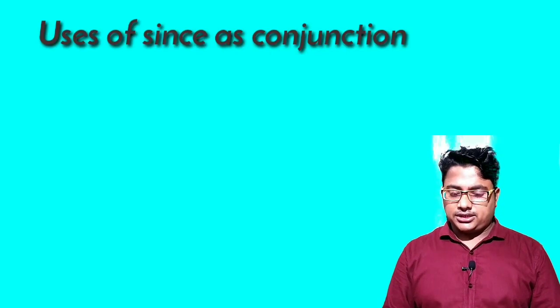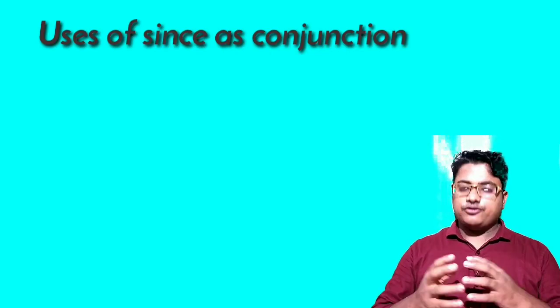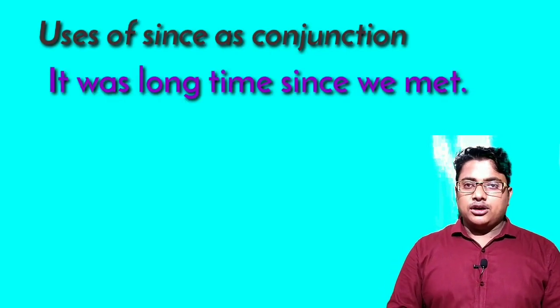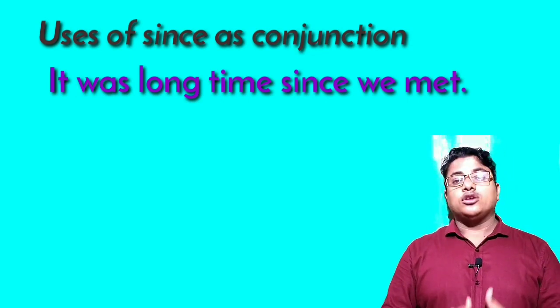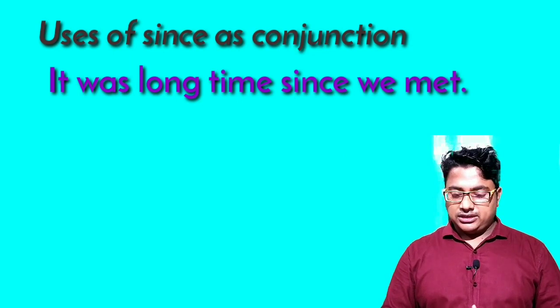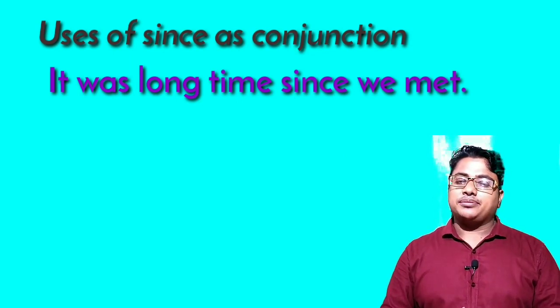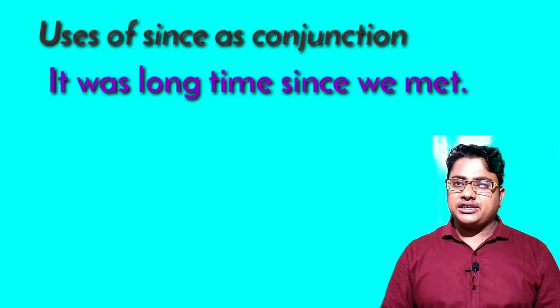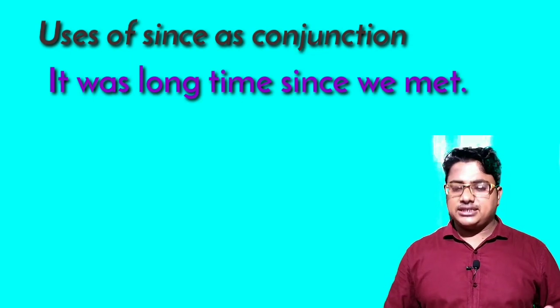In English grammar, we find different uses of since. When we think of since as a preposition, it is used with perfect. Sometimes we find since as a connector or conjunction. For example, it was a long time since we met. Here, it was a long time is past indefinite.